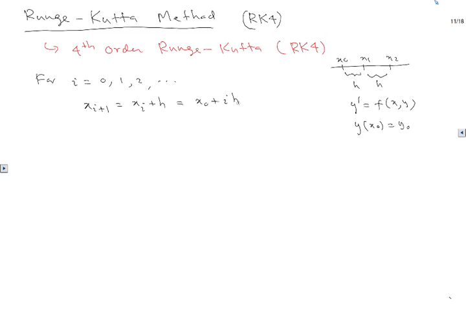Now we're going to calculate 4 slopes. What are those 4 slopes? We calculate the k1 slope first. K1, the first slope, is exactly the same as before: f of xi, yi. Now we're going to calculate a slope at an intermediate step. Let's say we have xi and xi plus 1, and that's the h gap.